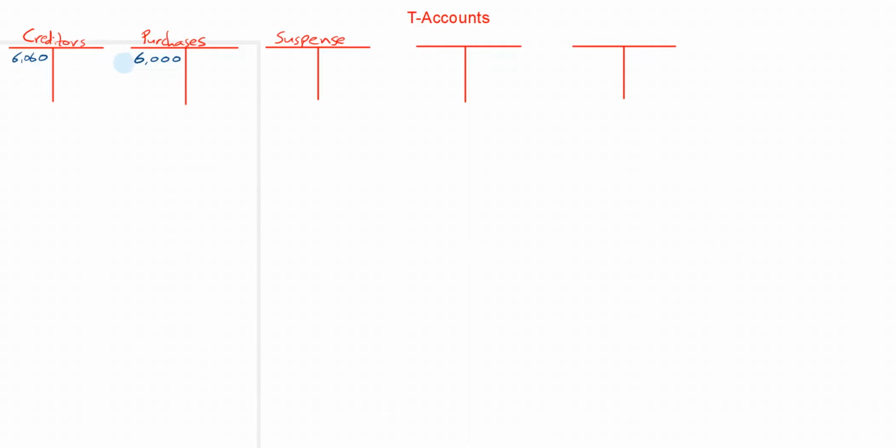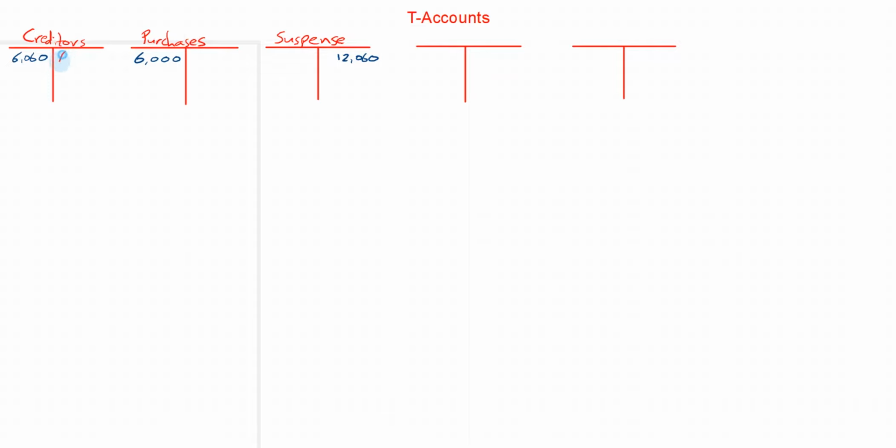So what we would have to do, to balance this, to make everything equal, what we would have done as an accountant was open a suspense account and put both of those entries into here. So there's going to be 12,060, or you could put both entries in together. So basically what we have to do is say, oh my god, we messed this up so badly, we just are going to get rid of everything that's in there.